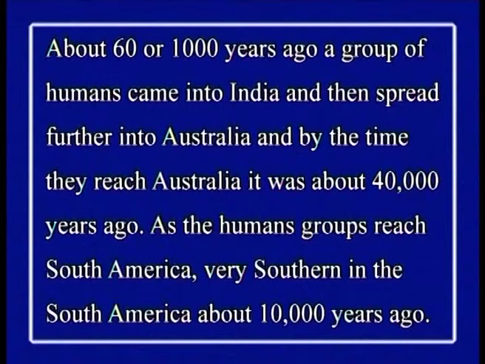About 60,000 years ago, a group of humans came into India and then spread further into Australia. By the time they reached Australia, it was almost about 40,000 years ago. And the human groups reached the very southern end of South America about 10,000 years ago.